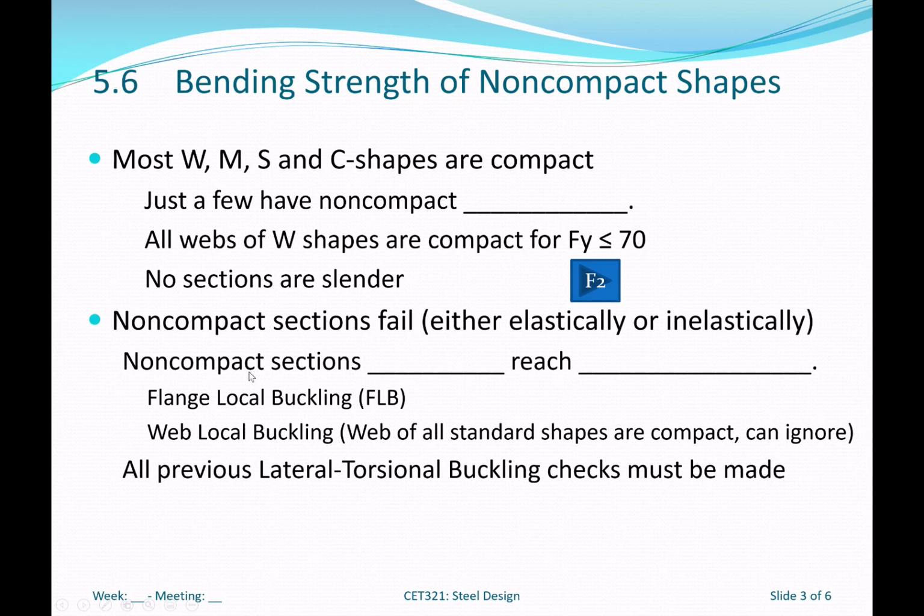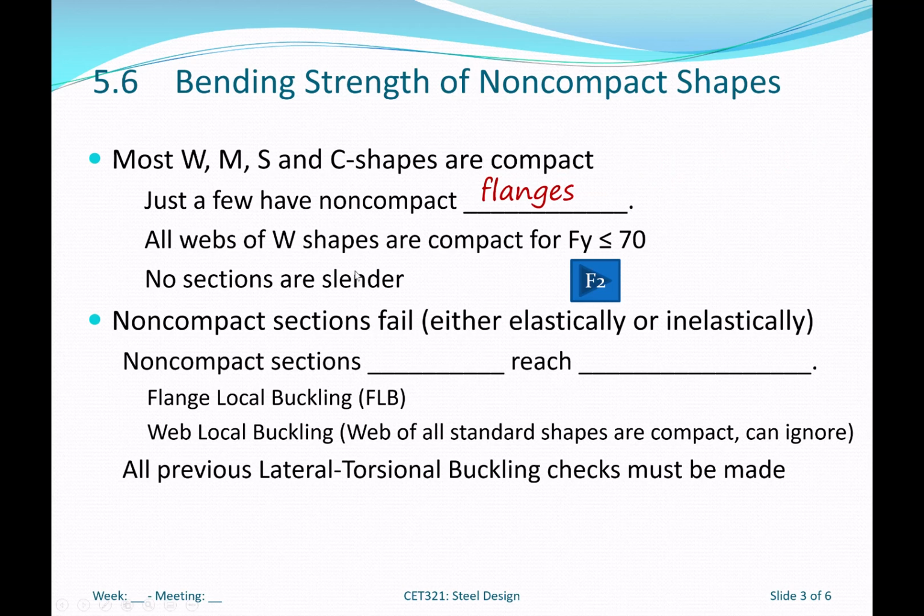All right, so we just have a few non-compact flanges within the typical hot rolled shapes. Again, this all applies to hot rolled shapes. If you start getting into plate girders, then you have to check everything specifically for non-compactness and slenderness. Often you will get into slender elements, certainly slender webs for built up plate girders.